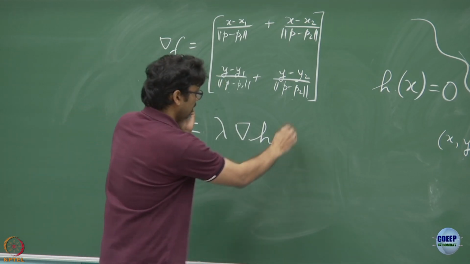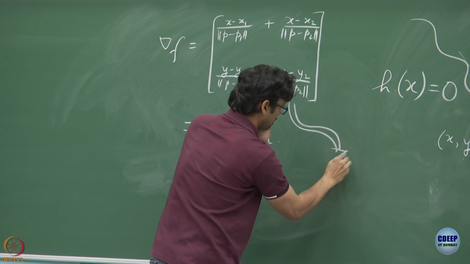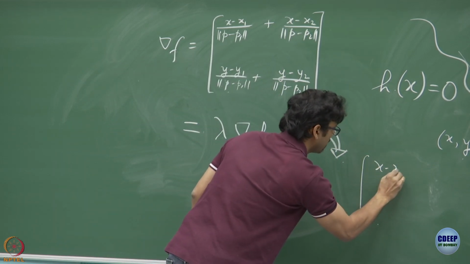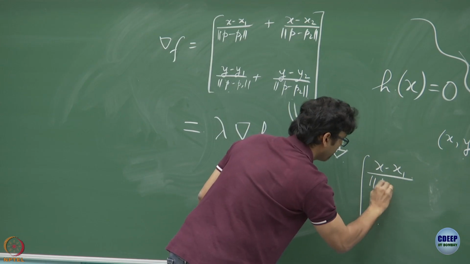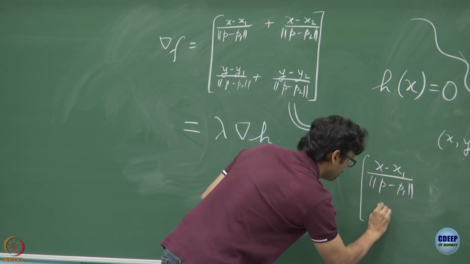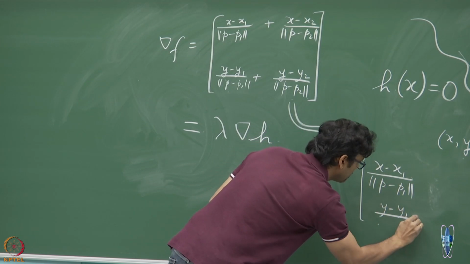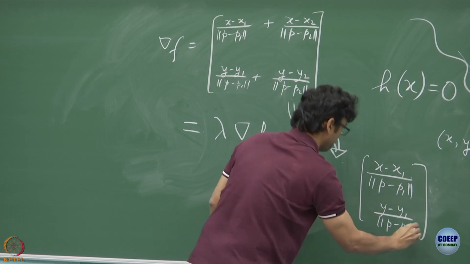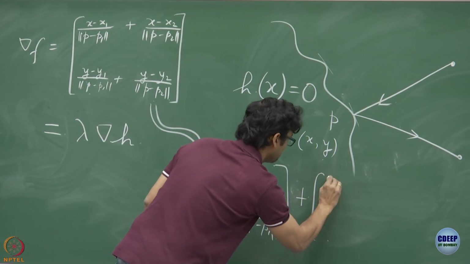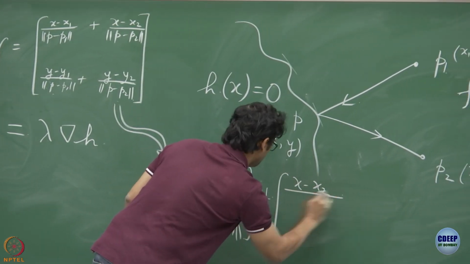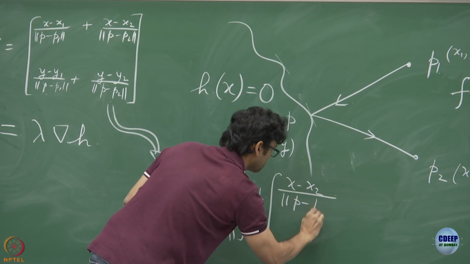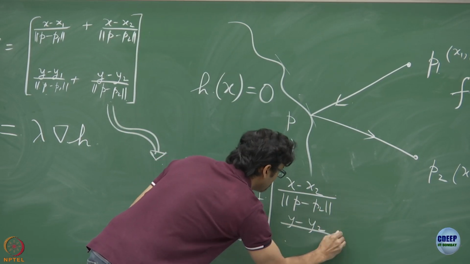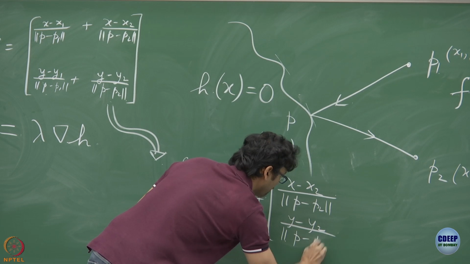But now, if I rewrite this in the following manner, x minus x1 by norm of p minus p1, y minus y1 by norm of p minus p1, plus x minus x2 by norm of p minus p2 and y minus y2 by norm of p minus p2.